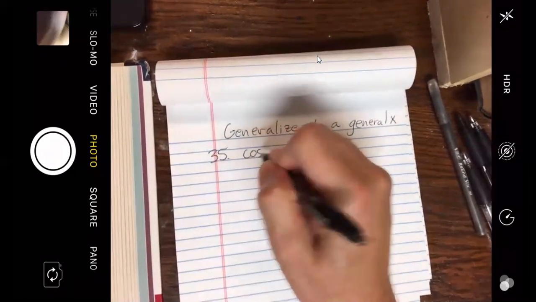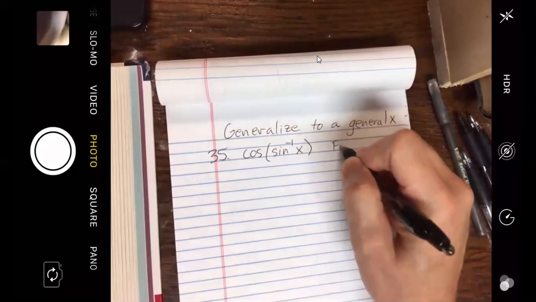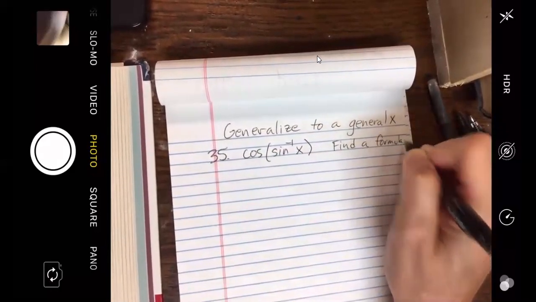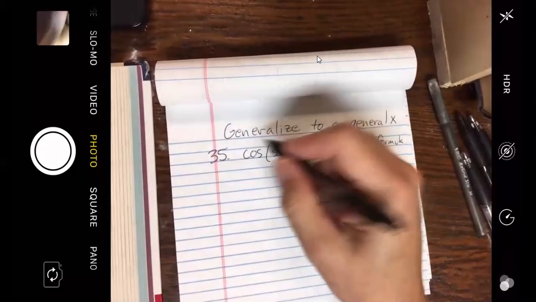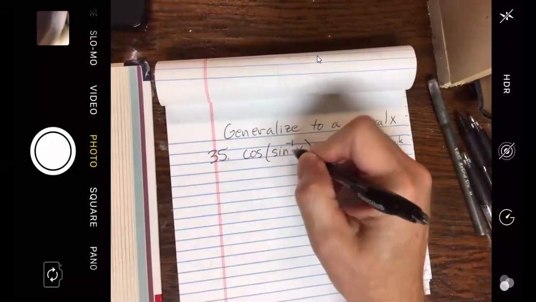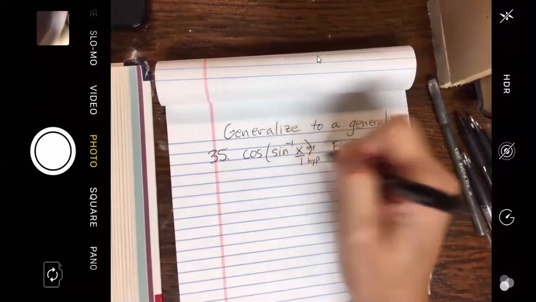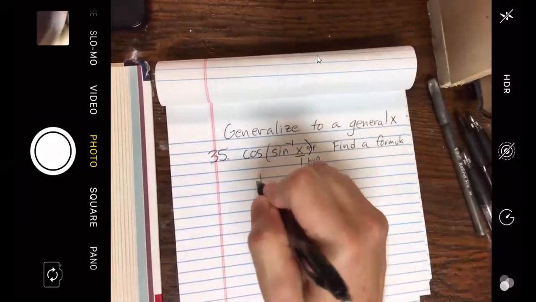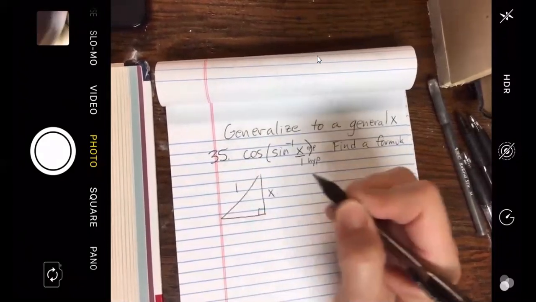Cosine of an arcsine of x, find a formula. You can put this over 1, and what I just tried to show you is that for sine, arcsine doesn't matter. It's still opposite over hypotenuse. So when you draw your triangle, you stick your x on the opposite leg, 1 on the hypotenuse.